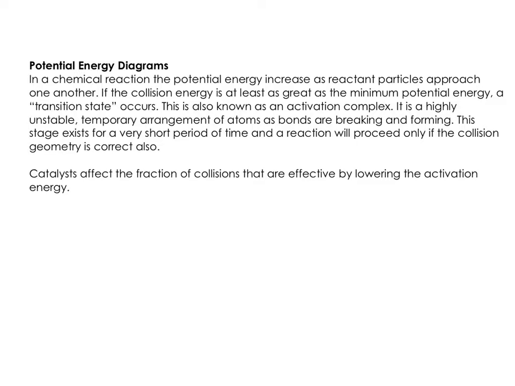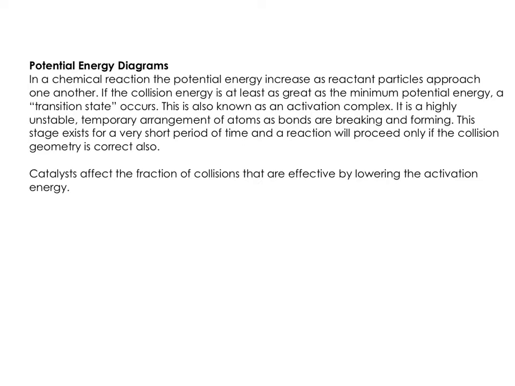Potential energy diagrams. We did these in the last unit on enthalpy. In a chemical reaction, the potential energy increases as reactant particles approach each other. If the collision energy is at least as great as the minimum potential energy, the activation energy, a transition state occurs. This is also known as an activation complex. It is a highly unstable, temporary arrangement of atoms as bonds are breaking and forming.